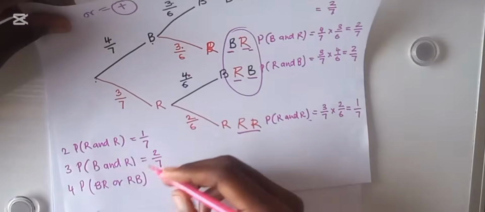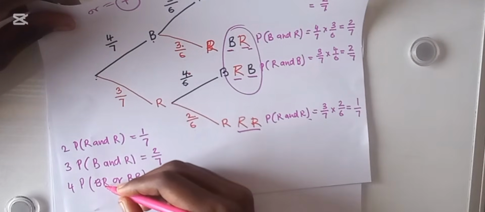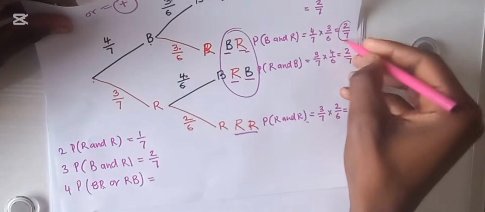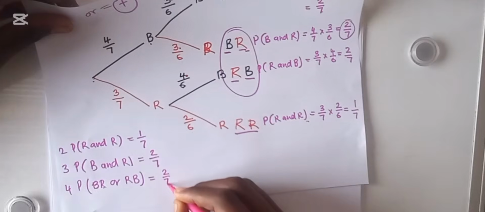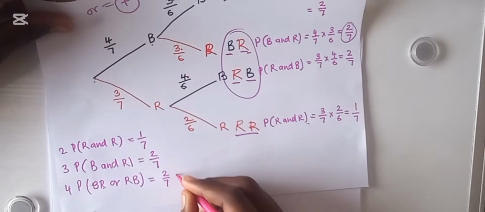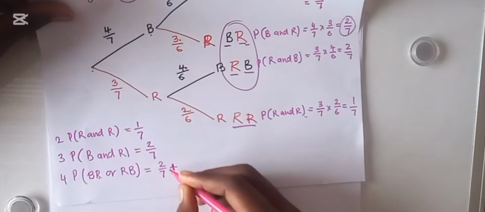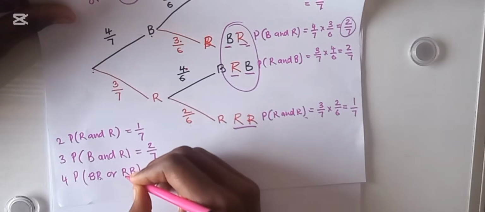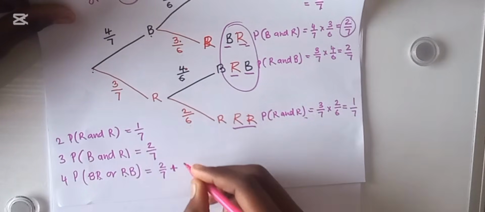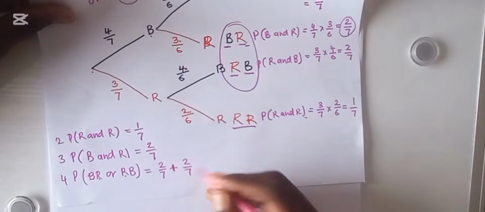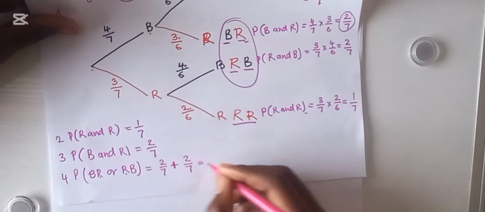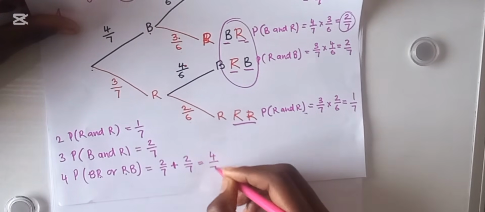So we're going to look for the probability of BR. We already calculated it here, which is 2 over 7. Plus, now we're not going to multiply. Be very careful. We're going to add. And for RB, which is 2 over 7, the same as that one. So this is going to give us 4 over 7, guys.